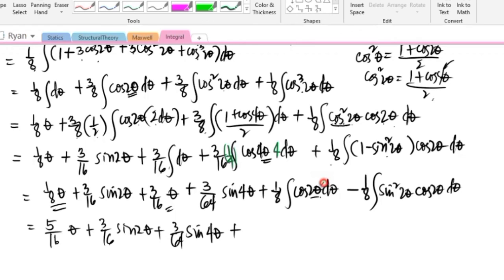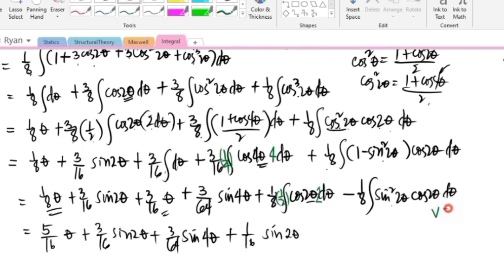So we multiply 2 here and we multiply 1/2 dito sa labas. And that's 1 over 16. The integral of cosine is sine. The v is 2 theta, so it's 2 theta.